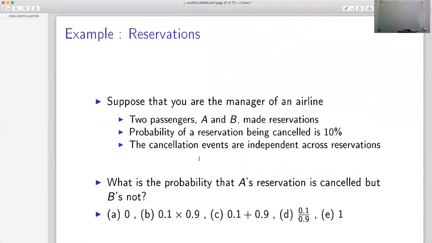So this is another example. Suppose that you are the manager of an airline, with 2 passengers A and B, and the probability of a reservation being canceled equals 10%. During the exam, and also when you are doing the homework, you should define the probability. I said the probability of a reservation being canceled is 10%, right?